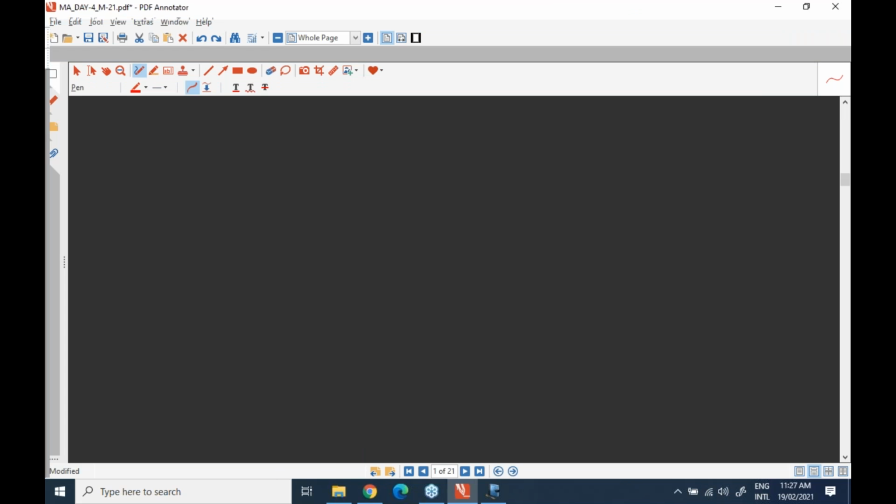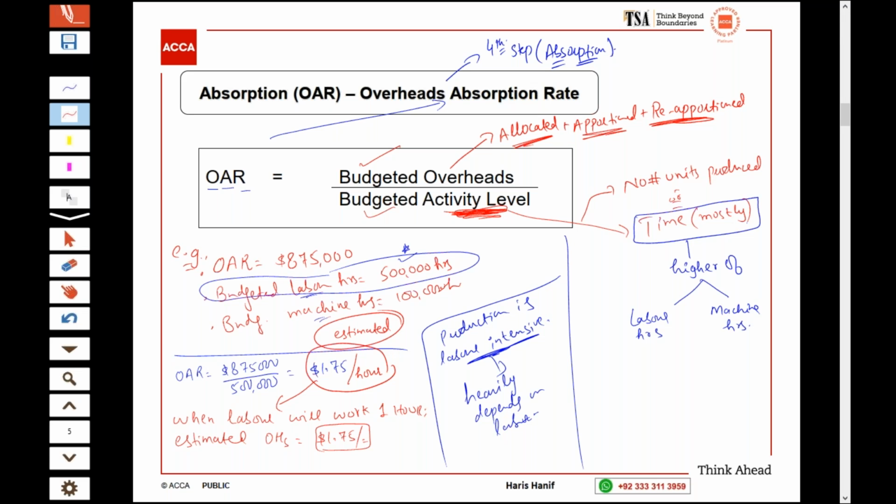When this particular overhead will be incurred, sorry, when the labor will work 1 hour, the estimated overheads are likely to be 1.75, and these are all my estimations. I'm highlighting it with a star. These are all estimated figures. This is overhead absorption rate. Rate is something which is on per unit. For every hour there is 1.75 overheads.